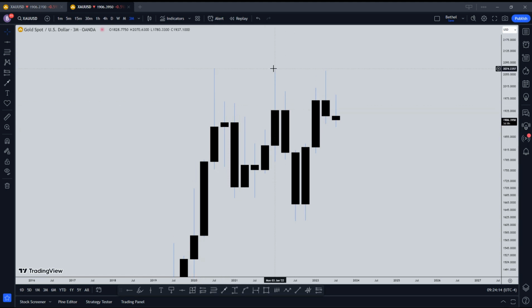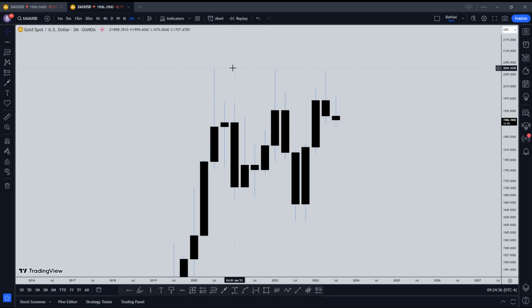And then this high, during the Ukraine war, in the first quarter of 2022. This was the third quarter of 2020. So we have a lower high here, and then this high again was a lower high.